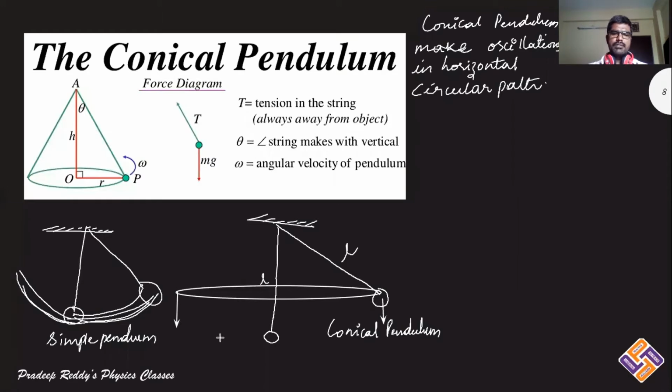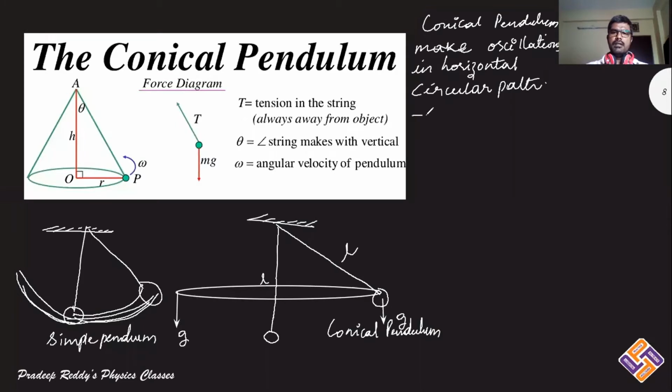The gravitational force acting downward will be constant, and the acceleration due to gravity at that position will always be constant. So in the case of a horizontal circular path, we will not consider the effect of changes in acceleration due to gravity.